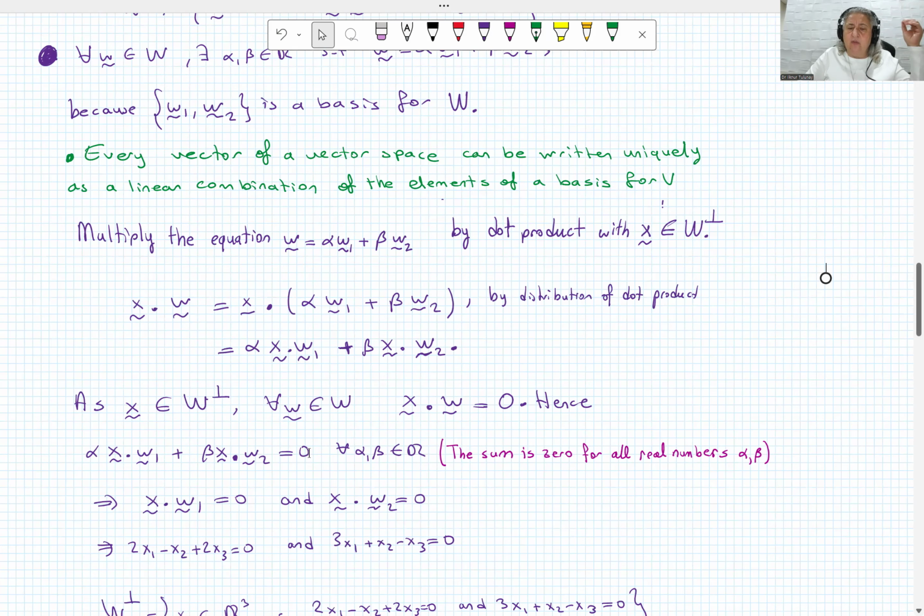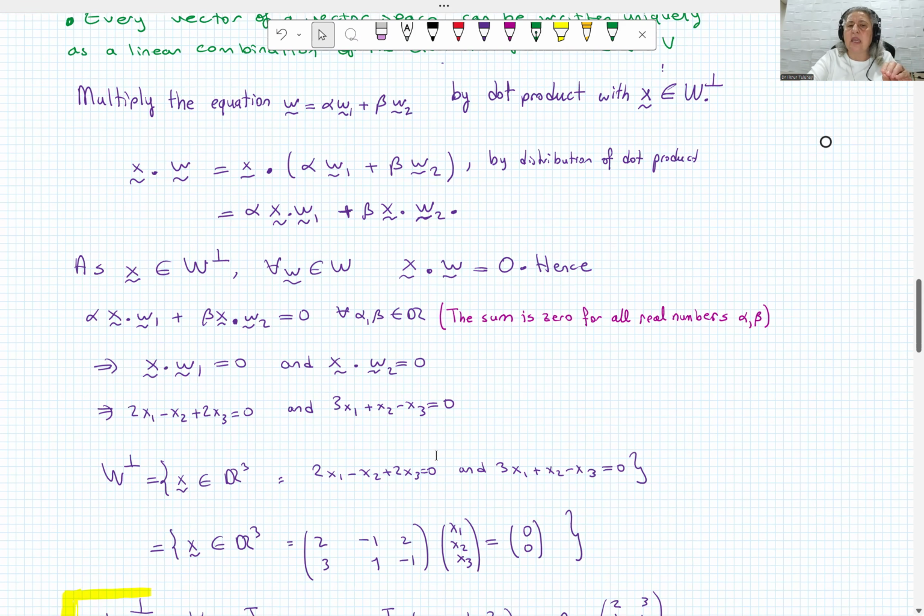But this is 0 for all alpha, beta, right? Because w runs through all of W, which means that alpha and beta run through every real number. So this equation holds for all alpha, beta real numbers.